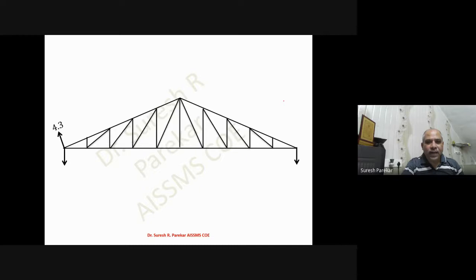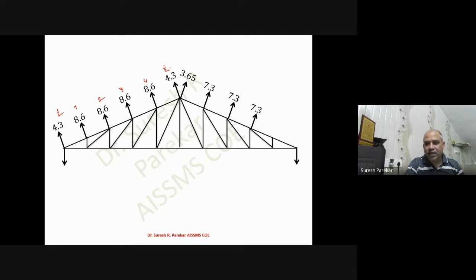And then we will show these values. So we have these values, 4.3 we have seen there, then we have 8.6, 8.6, and 4.3. So you can see how many panel points: 1, 2, 3, 4. This will be half, and this will be half, so 5. And similarly on this side, we have half, so 3.65, then 7.3, 7.3, and 3.65.